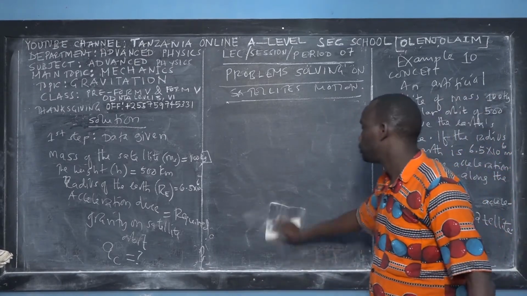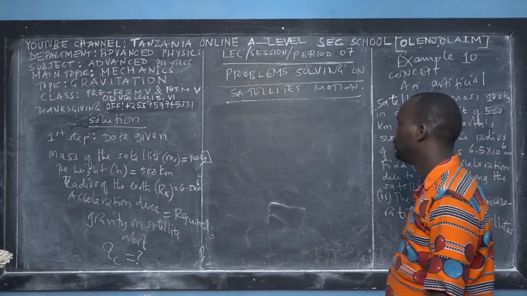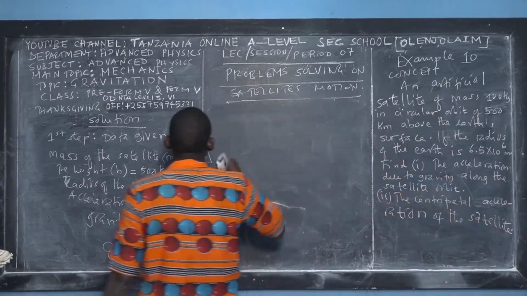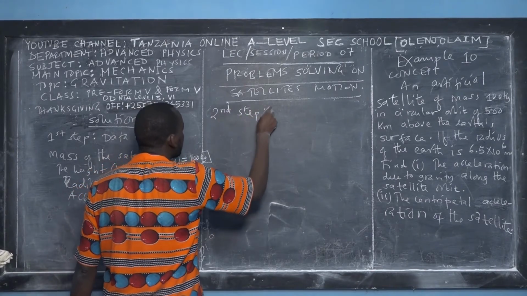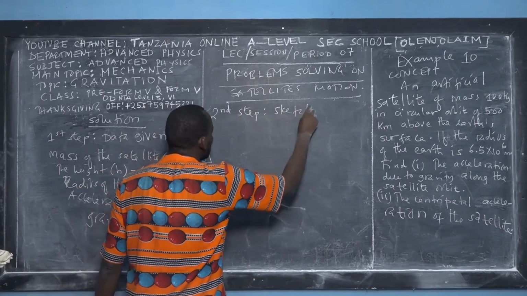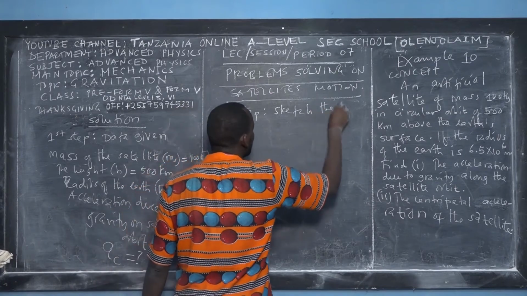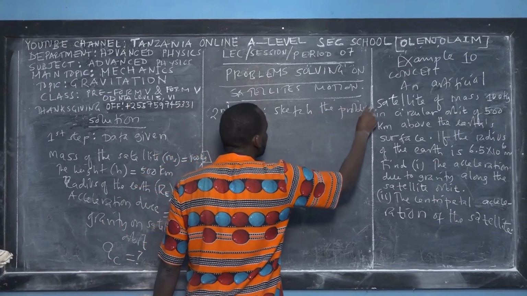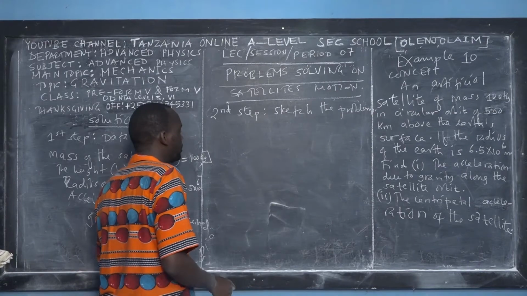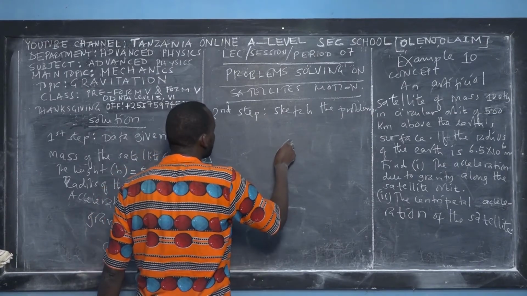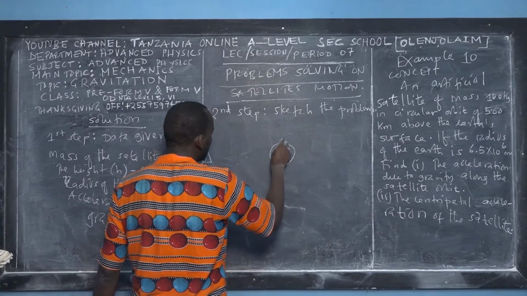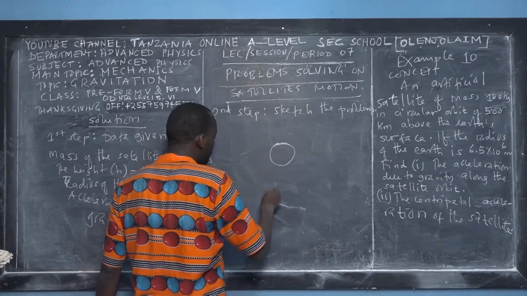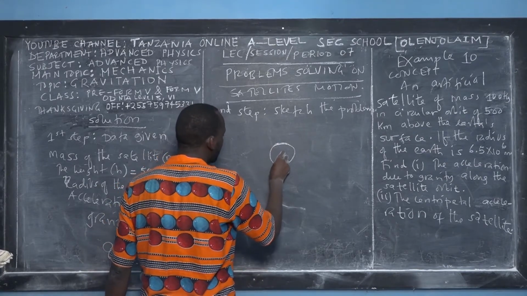Okay? So, in order to navigate this question, the second step is to sketch the problem. To sketch the problem, we have the Earth's surface. The question does not talk about the moon, it talks about the Earth.